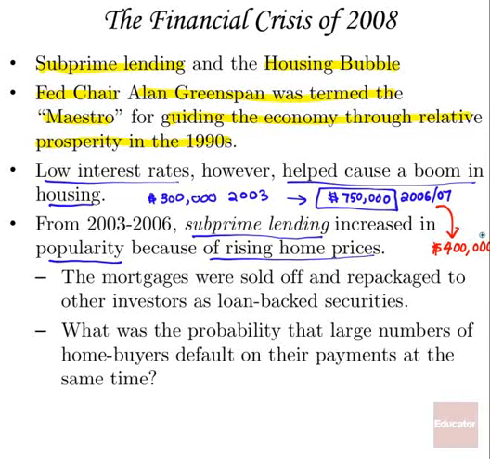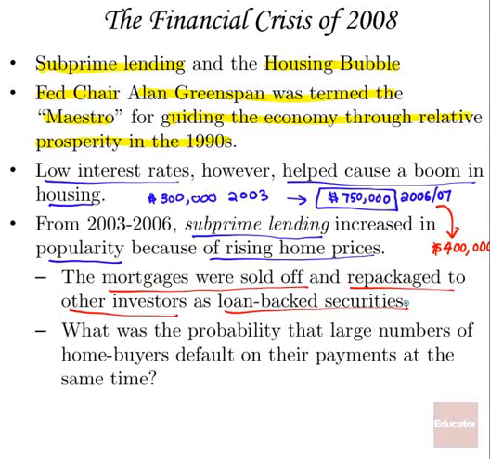So this terminology, being underwater, really had this ripple effect on the broader economy. And so the reason why a lot of these banks would take out these mortgages for unqualified customers, really, the mortgages were basically sold off and repackaged to other investors as loan-backed securities.